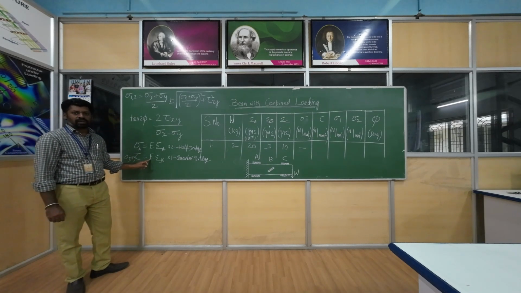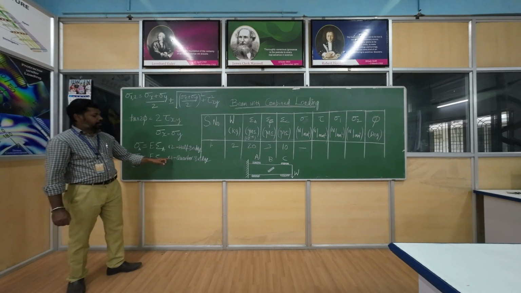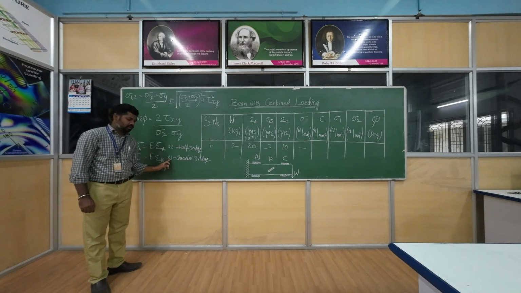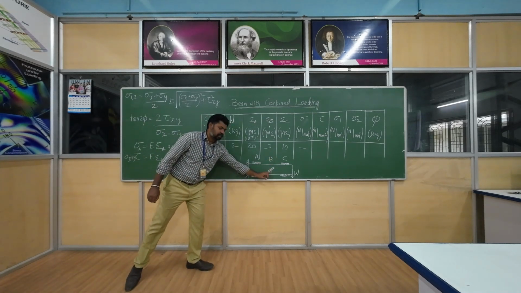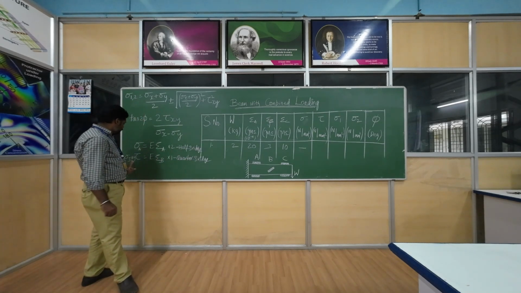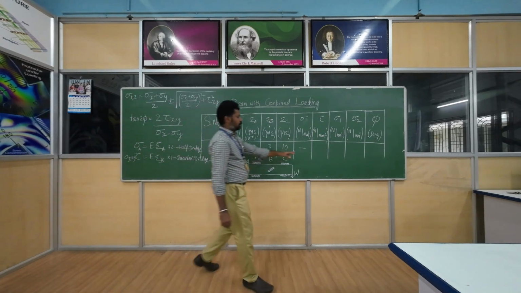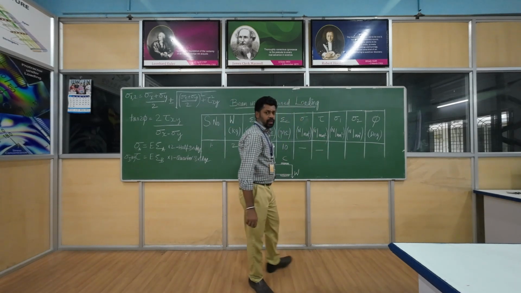E is the Young's modulus of the given material, and epsilon B is the strain at section B, times 1. Why do I put 1 here? Because we use only one strain gauge at this section, so we multiply by 1. From this we get our shear stress.